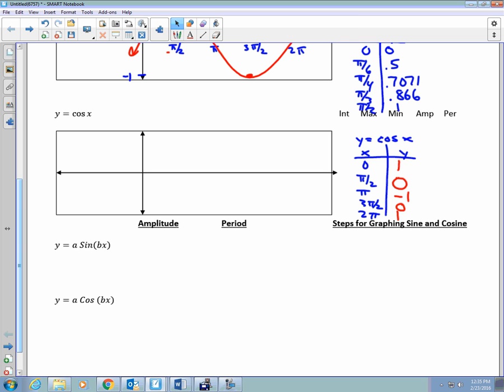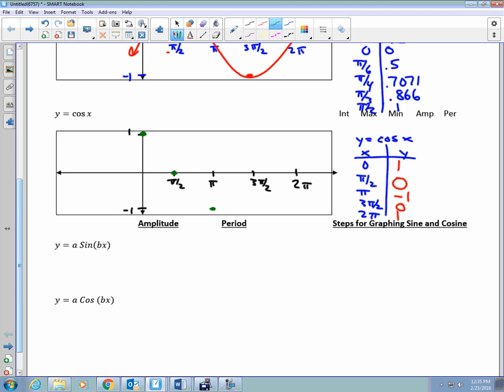So we will create some markings here. 0, 1. Pi over 2, 0.